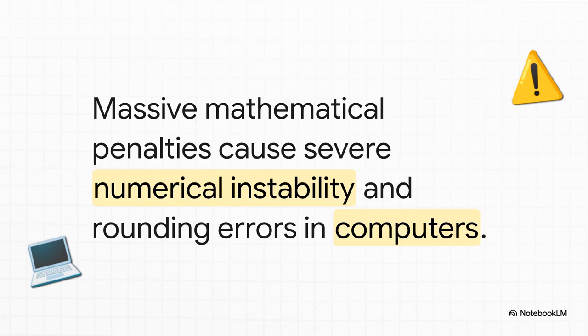If a computer tries to process a massive theoretical penalty number, let's say 1 billion, right alongside tiny decimal coefficients like 0.4 or 0.5, it can cause severe numerical instability. The computer basically suffers from rounding errors, and those small but super vital decimals get completely lost in the sheer scale of M. The software just gets confused. Because of this very real limitation, we need a more elegant polish for actual computational use.